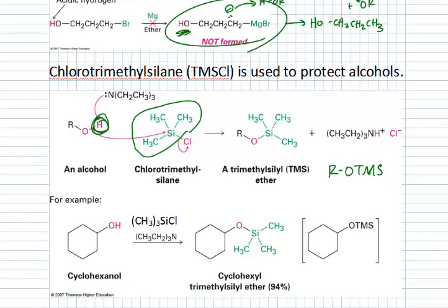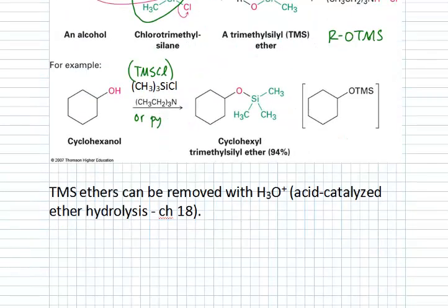So, for instance, if I have cyclohexanol, I react it with trimethylsilyl chloride, so (CH3)3SiCl or TMSCl, along with some sort of base. We could do pyridine. We have cyclohexyl trimethylsilyl ether, right? It's an ether because I have an oxygen with 2 R groups on either side of it. TMS ethers can be removed with hydronium.